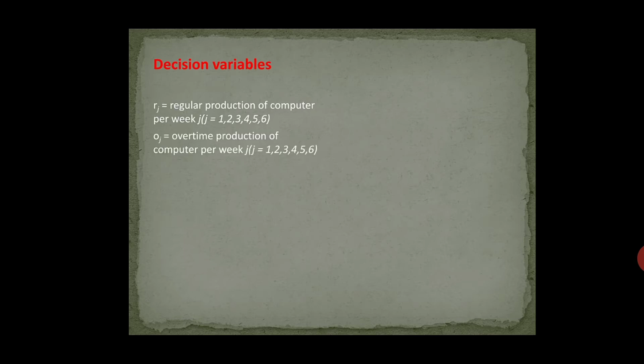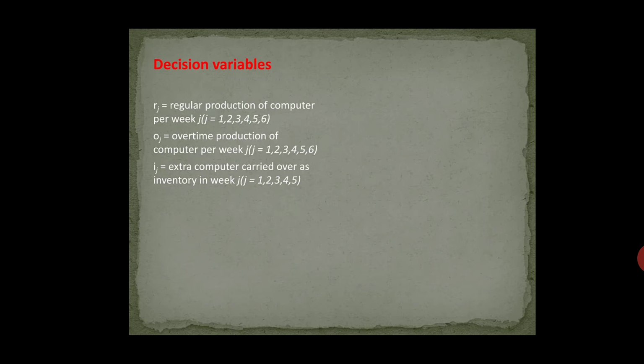So for the decision variables, this model consists of three different sets of decision variables for computers produced during regular time each week. This will result in 6 decision variables for regular and overtime production and 5 decision variables for inventory, because the problem stipulates that there is to be no inventory left over at the end of the 6-week period.